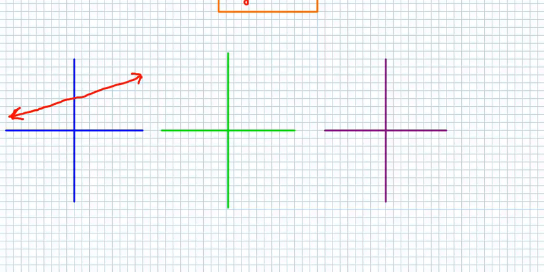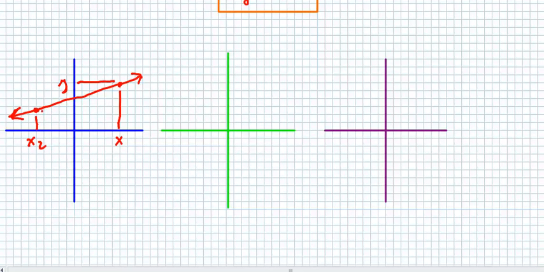If I look at any point on this graph, I see that for any value of x, I have exactly one value of y. No matter where I look on this graph, for this value, I'll call it x2, I have exactly one value of y.